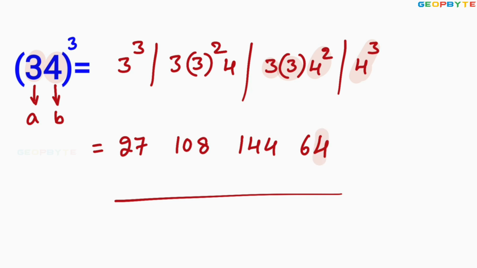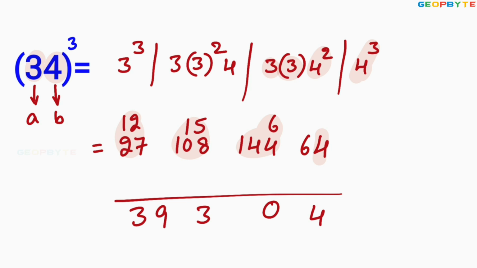Write this 4 here, 6 carry forward. Then 144 plus 6, 150. 0 here, 15 carry. 15 plus 108, 123. Write 3 here, 12 carry forward. Finally, 12 plus 27, how much? 39. 39,304 is the value of 34 whole cube.